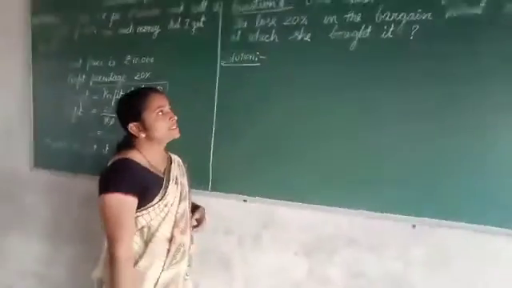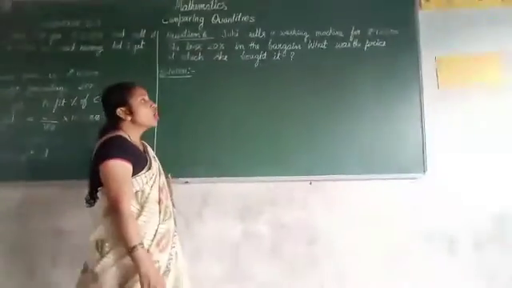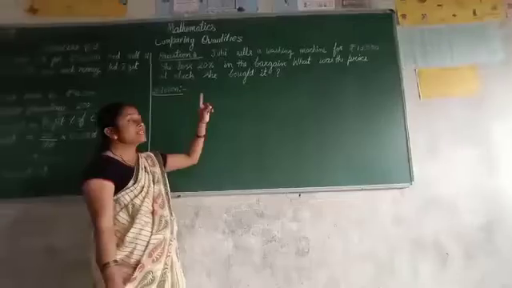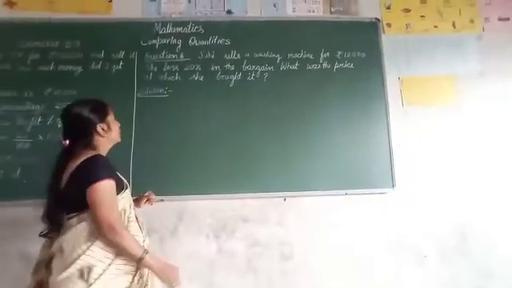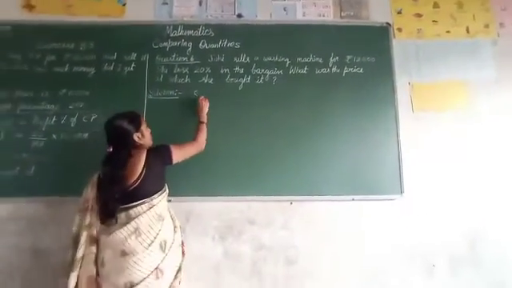Juhi sells a washing machine for 13,500. So it is a selling price.